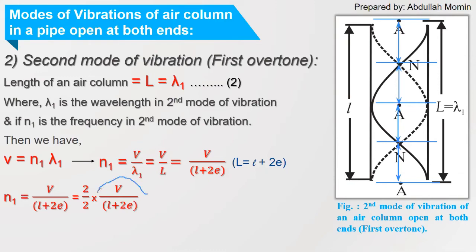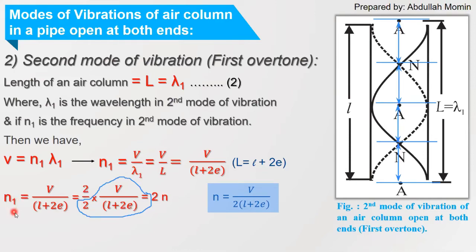Because we need 2 in the denominator, and we know that V by 2 into small l plus 2e is the fundamental frequency of vibration of an air column which is open at both ends. This formula we have derived in our previous lecture. So instead of V upon 2 into small l plus 2e, we put n in this equation.